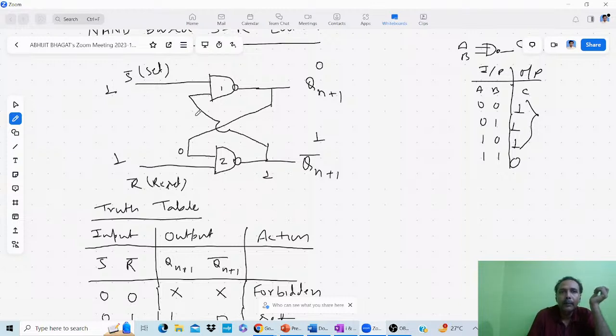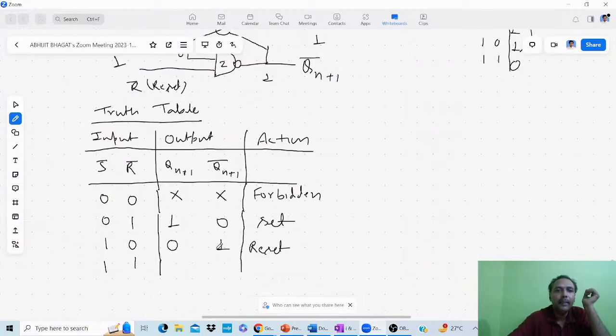Now when this is 1 and this is 1, here 1 1, the output will be 0. Previously the output was 0, 1, and after this 1 1 you are getting the same 0, 1. It means there is no change. This is the hold condition, you are getting the same output, Qn and Qn bar.